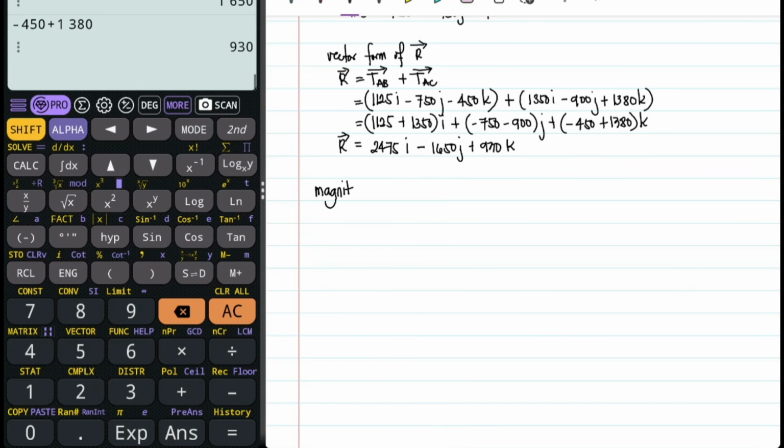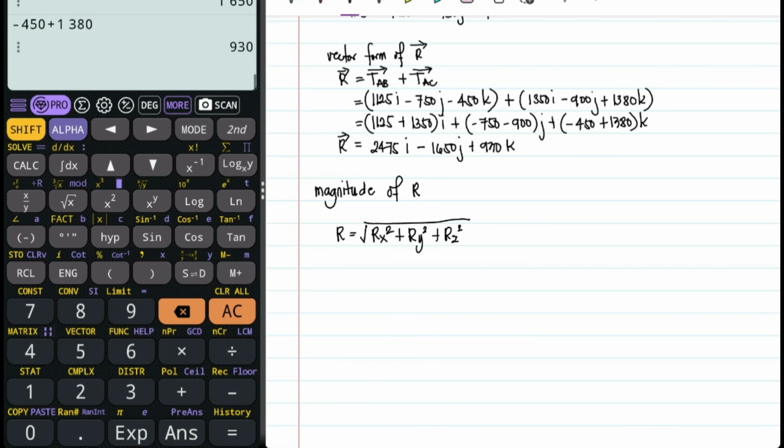Now that is the Cartesian vector notation form of our resultant, showing the x, y, and z components of our resultant force. Now we can solve for the magnitude of our resultant.